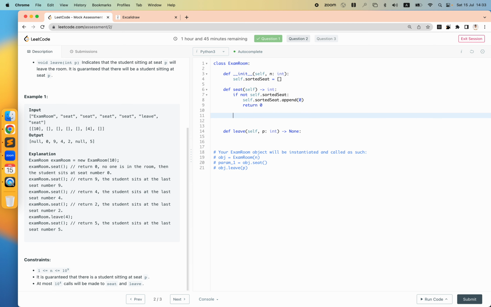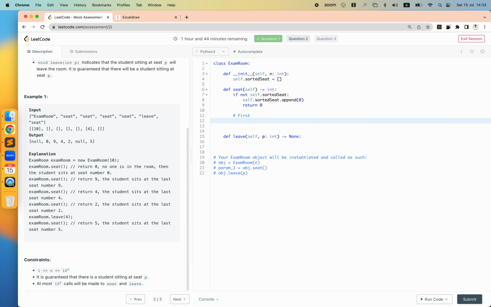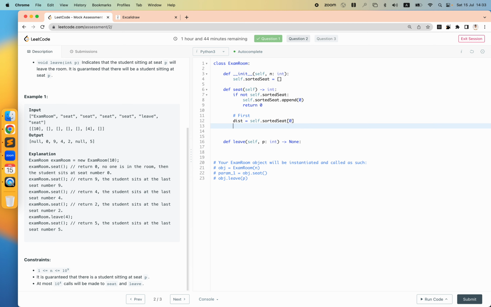It's empty, return 0. Otherwise, the first distance will be equal to the index. Will be the statistic of 0. This is the first distance.